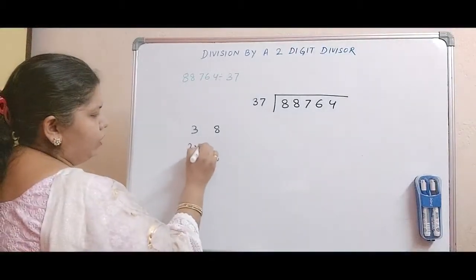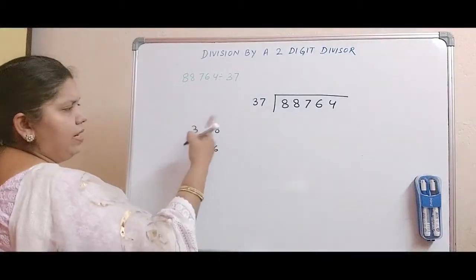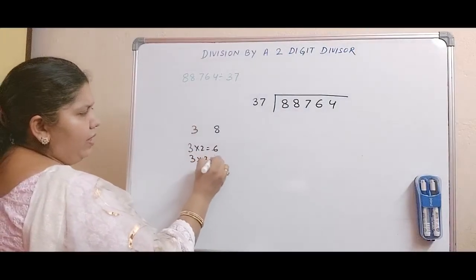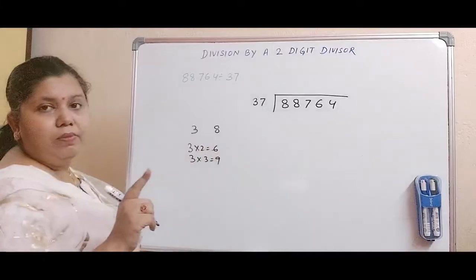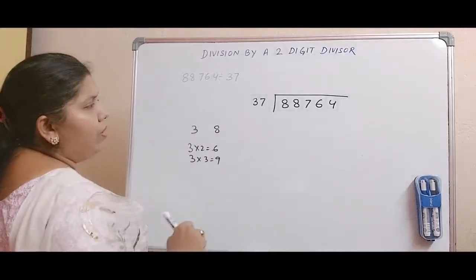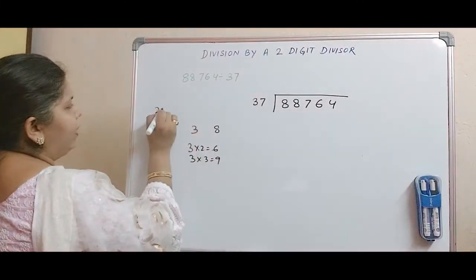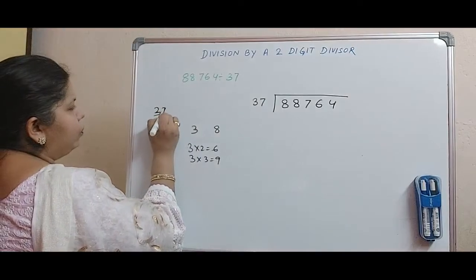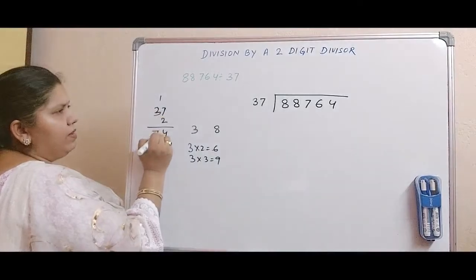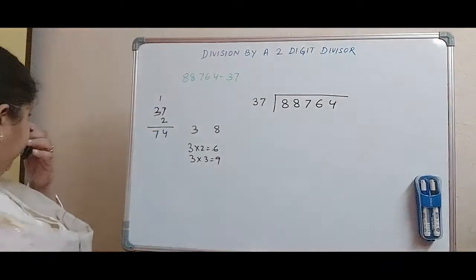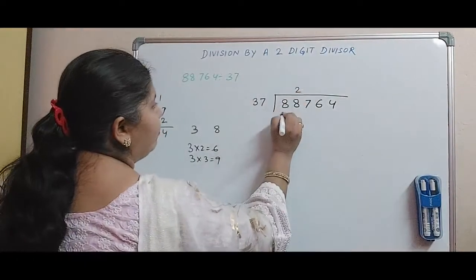It will be 3 twos are 6, because 3 threes are 9 is again more than 8. So you cannot take that. So 3 twos are 6 is possible for 8. Now you take 37 twos: 7 twos are 14, 3 twos are 6 plus 1, 7, 74. So 37 twos are 74.